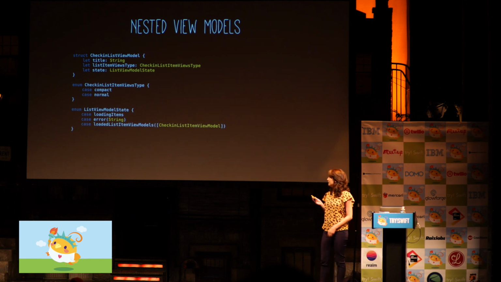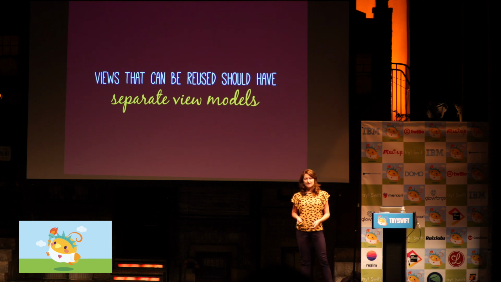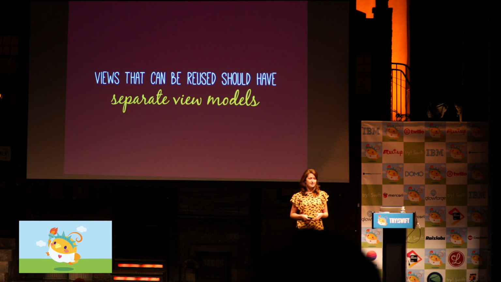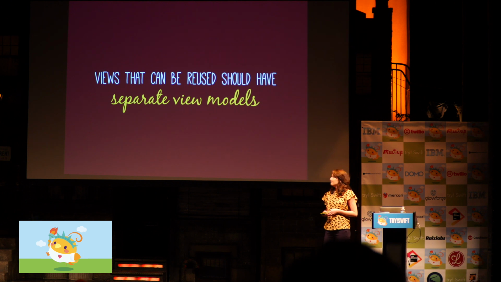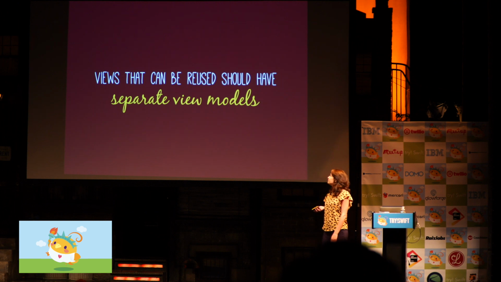So we have nesting here. And I think that we should extract view model logic the same way we extract subviews that can be reused together into their own classes. In that way, we not only can reuse the view models, but we can also change the way they behave without thinking about the whole system and touching a lot of code.